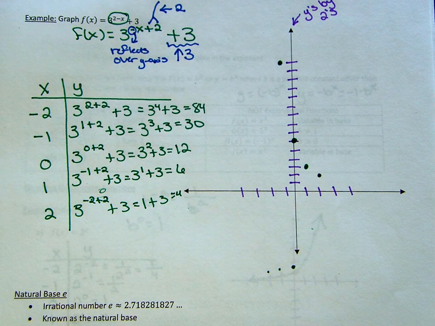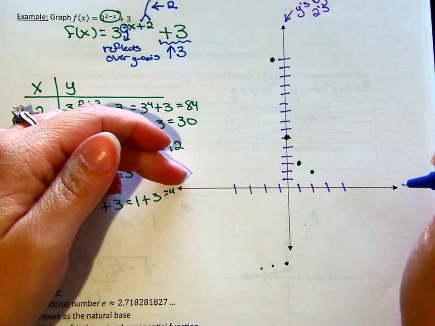Now, one thing I do want to point out, we had a vertical shift that happened, right? The vertical shift shifted everything up 3 units. That's including our graph, but also our asymptote. Our asymptote starts at 0, so then our asymptote moves up to 3.